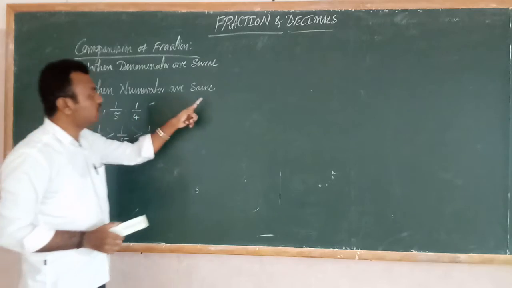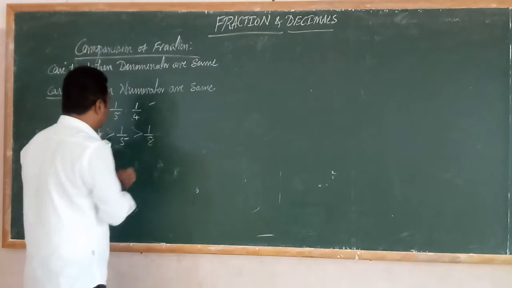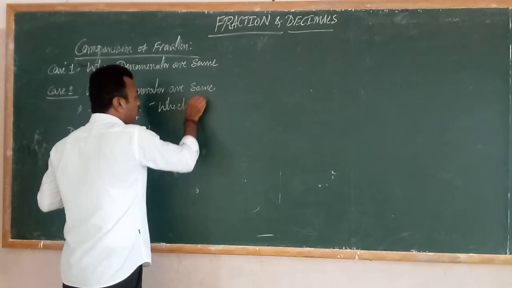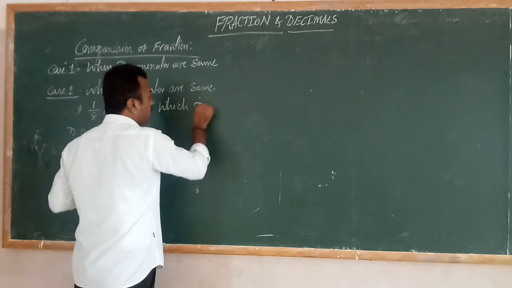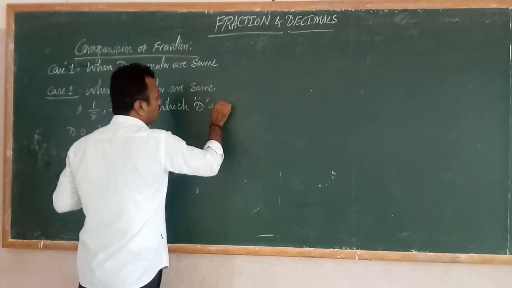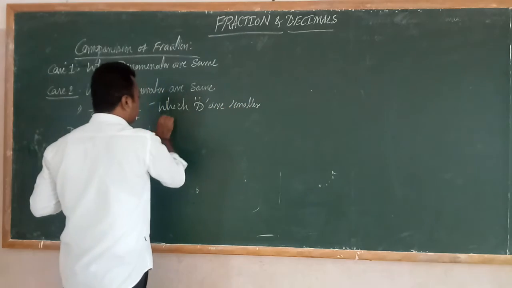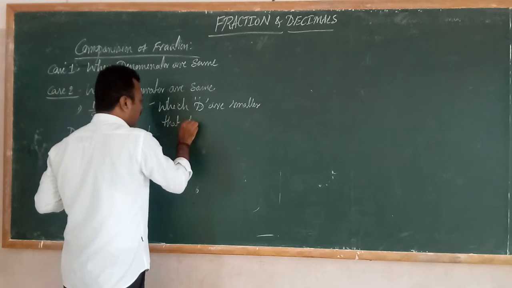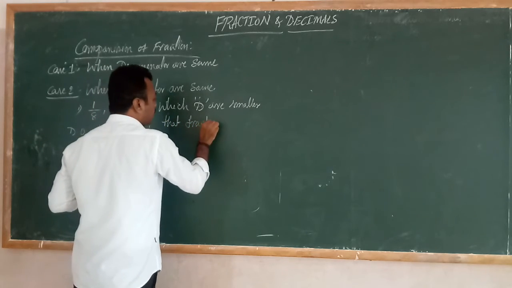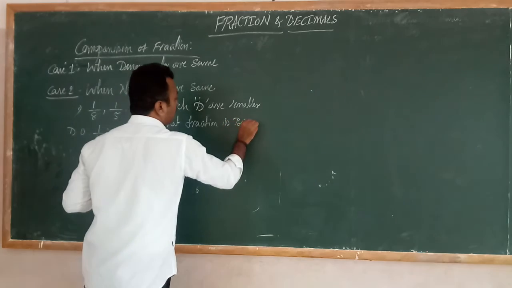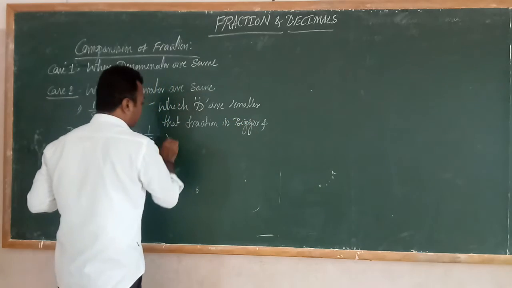When the numerators are the same, see the denominator. Whichever denominator is smaller, that fraction is bigger, and vice versa.